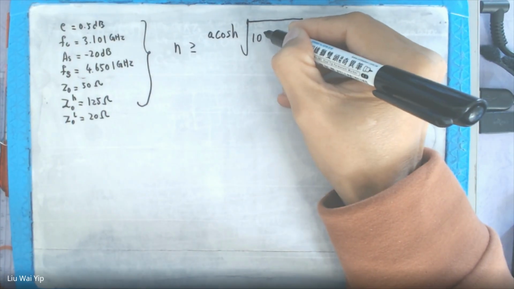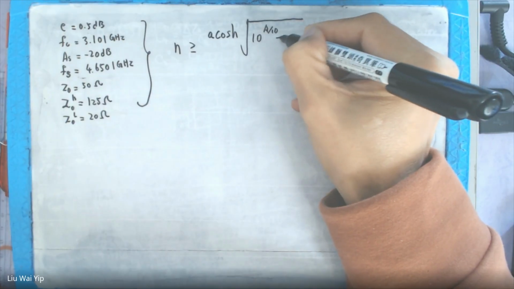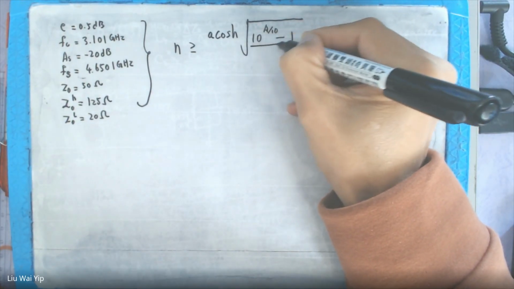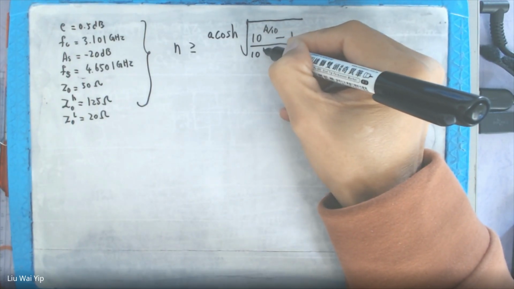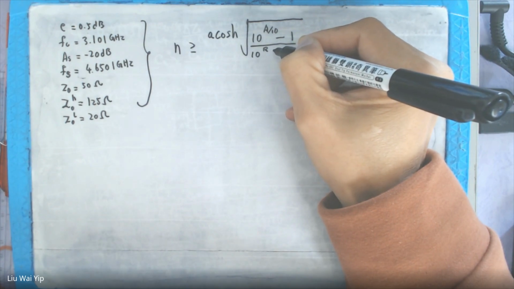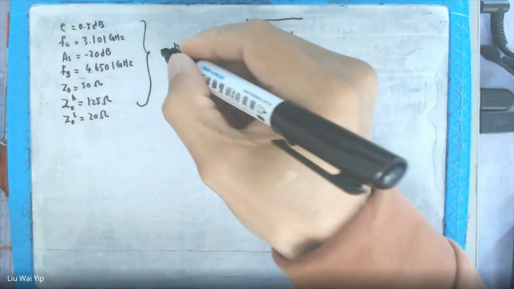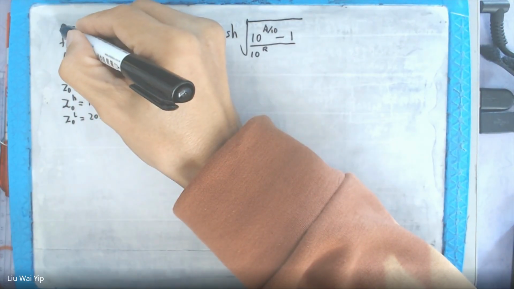The equation is the arccosh of the square root of (10^(A/10) minus 1) divided by (10^(R/10) minus 1), divided by the arccosh of Fs over Fc. R means the ripple.